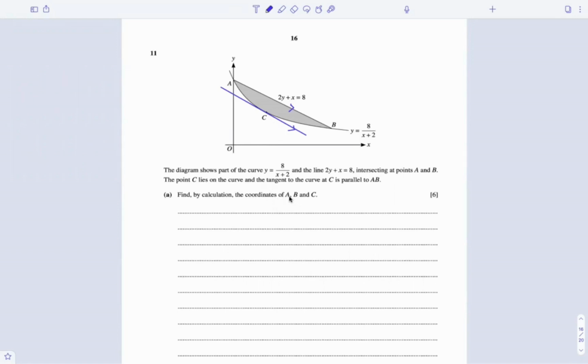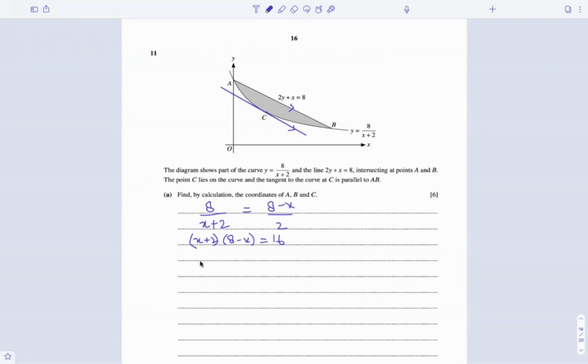To find the coordinates of A and B, we can solve the equation of the curve, 8 upon x plus 2, and the equation of the line, which is y equals 8 minus x upon 2, simultaneously. Cross multiplying, we get x plus 2 multiplied by 8 minus x equals 16.